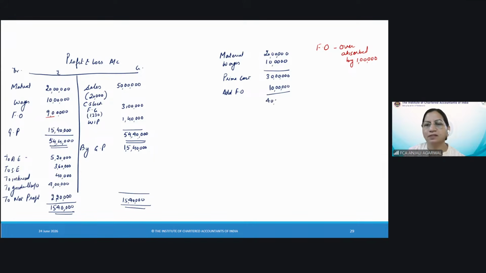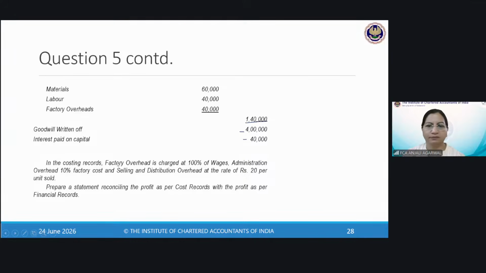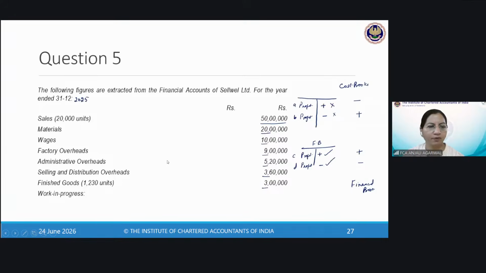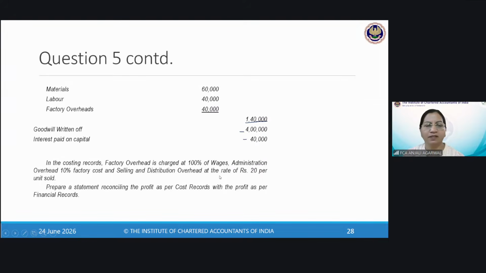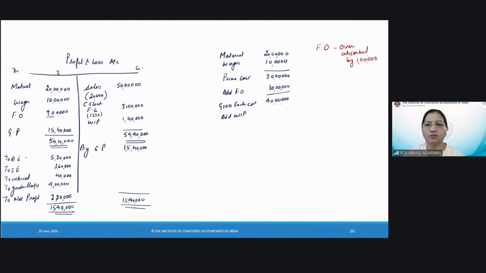You have 40 lakhs. This is gross works cost or factory cost. Add opening stock of WIP, which is not there. Nothing is mentioned about the opening stock of work in progress, and nothing is mentioned about how you have to value the closing stock of work in progress.